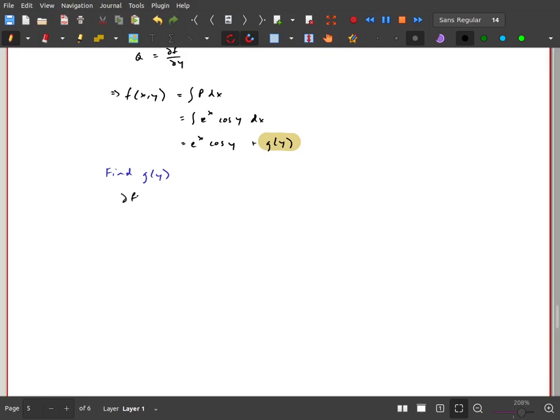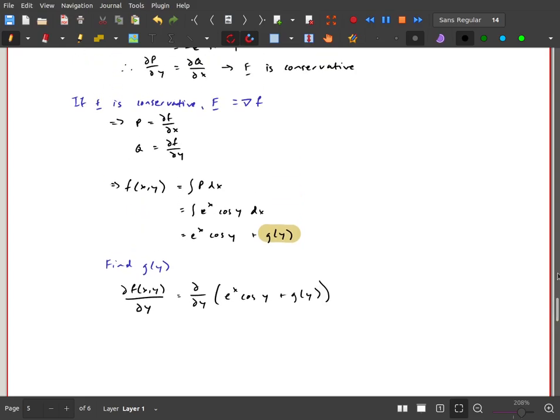So we're going to take the partial derivative of lowercase f of x and y with respect to y. So e to the x cos y plus g of y. And this term will have to be equal to q from our vector field. Why is that the case?